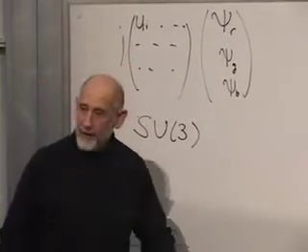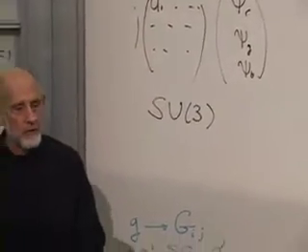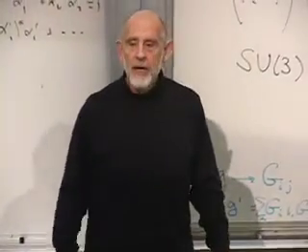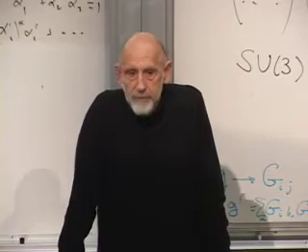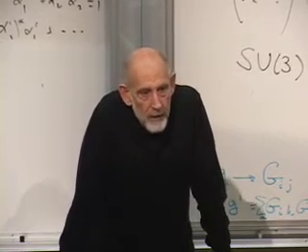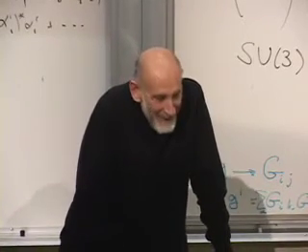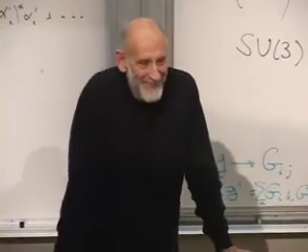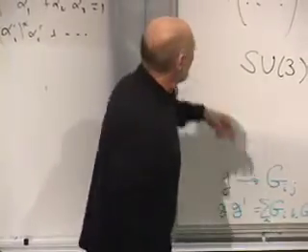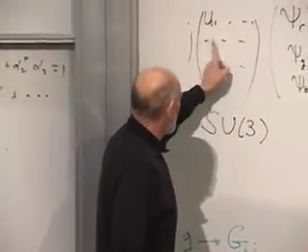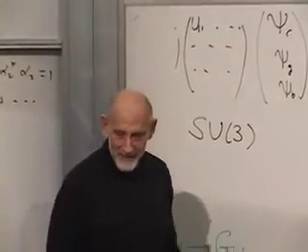Let's count the number of special unitary matrices. Let's count the number of parameters. How many parameters to describe a special unitary 3x3 matrix? Okay, right. 18 minus 9 minus 1. Why 18? You've got 9 complex elements, that's 18.